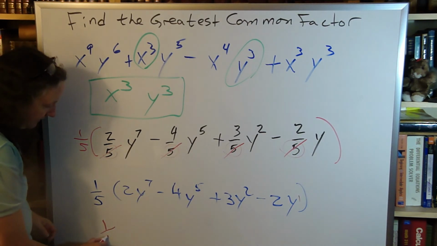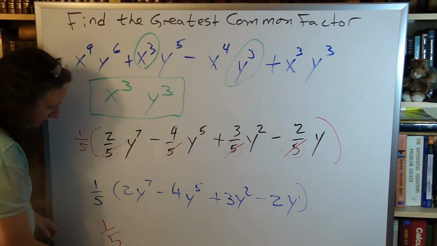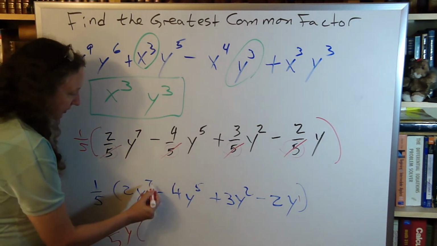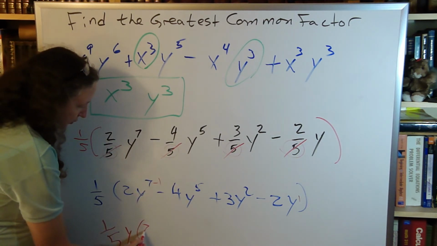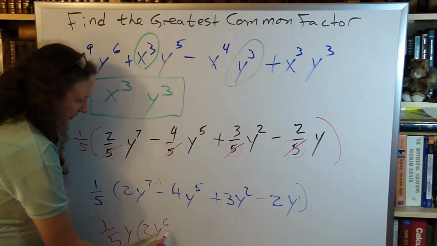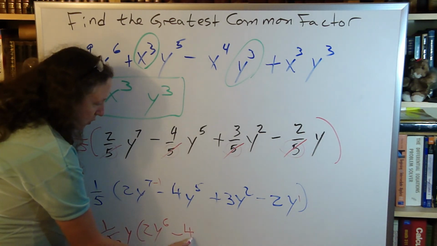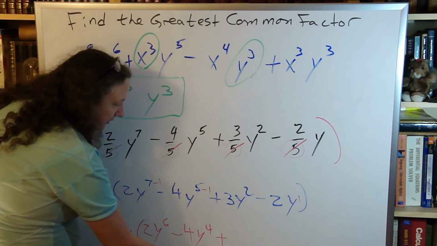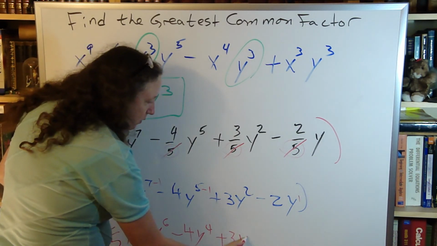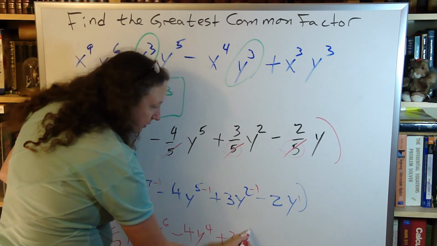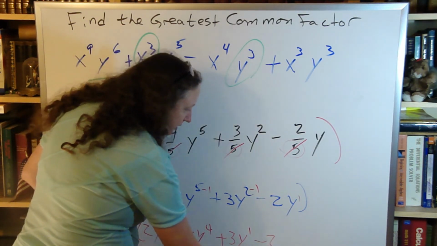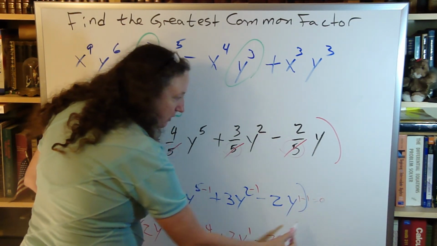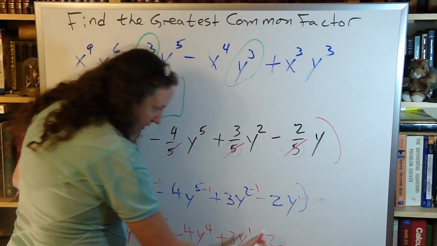So now I have 1/5 y, open parentheses, and I'm going to subtract 1 from each of these. So 2y to the 6 minus 4y to the 4th plus 3y to the 1 minus 2y to the 1 minus 1 gives me 0, which means I don't need to write the y down at all.